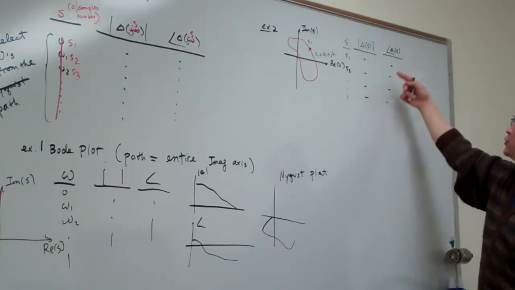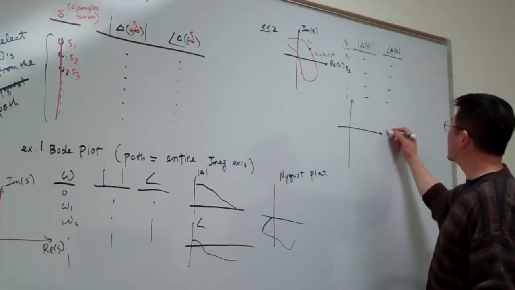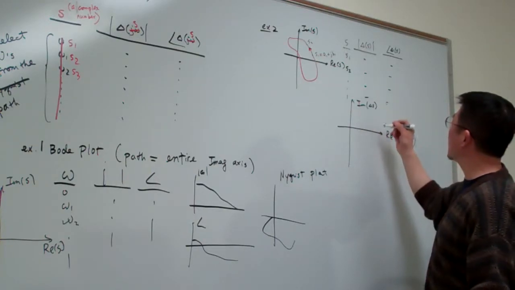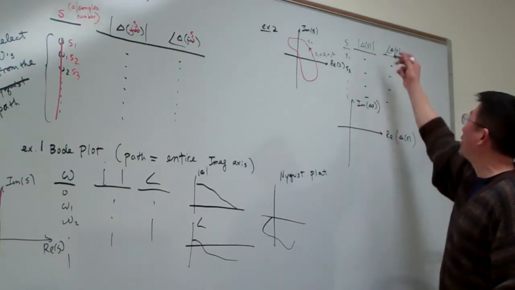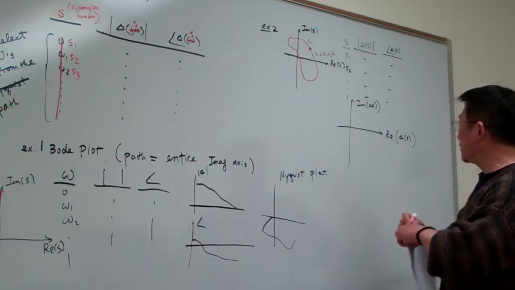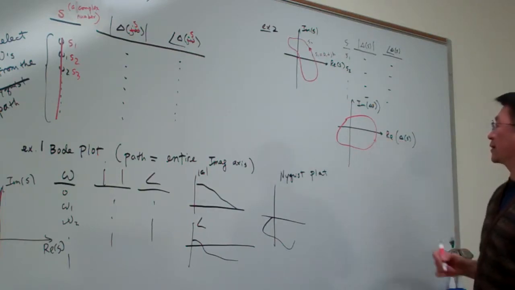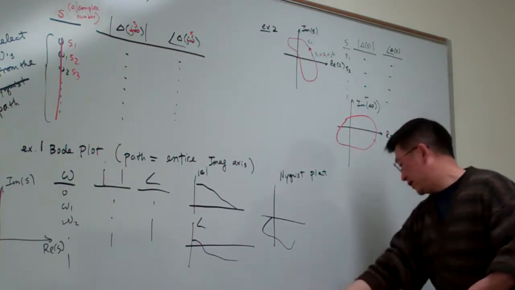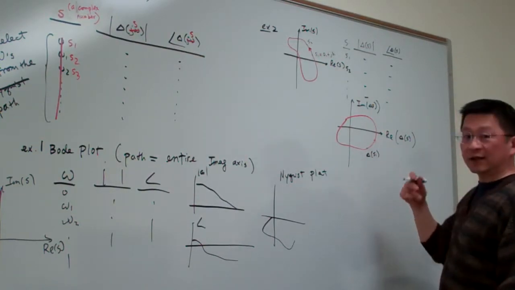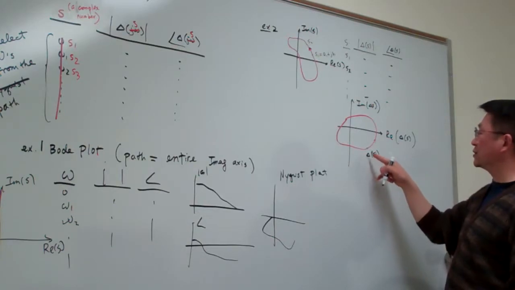Once you have a magnitude and a phase angle, you can draw the plot, with the real part of delta S and the imaginary part of delta S. Based upon the magnitude and the angles, I want to plot here. I'll make one up, and later I will give you the example. So this could be something like this, and this is the value of delta S1. Again, we pick an argument for S1, and we have a corresponding function here.